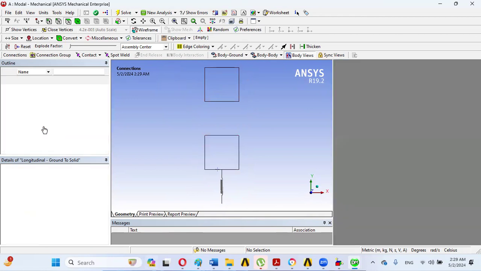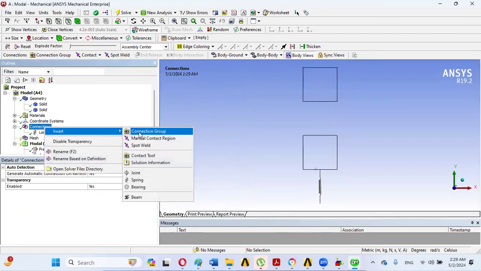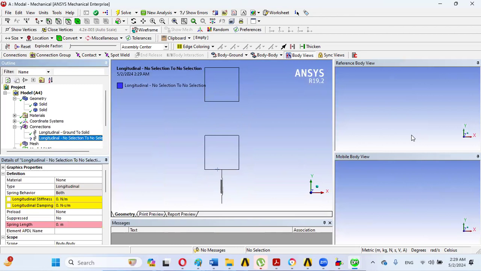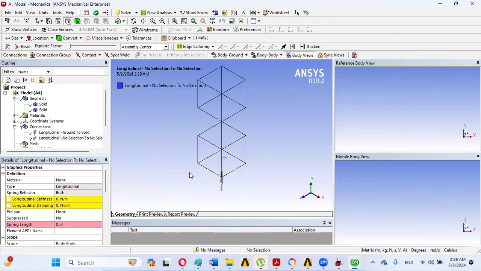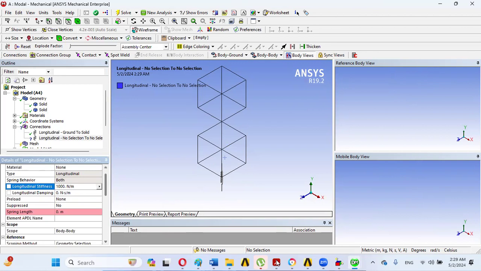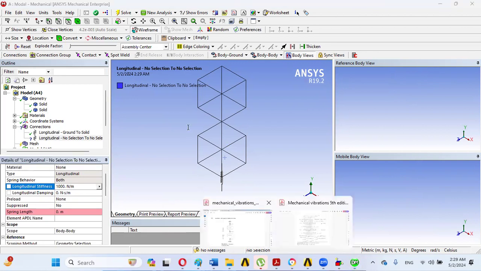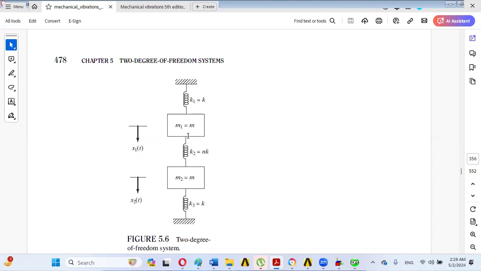After that we will be adding another spring. Click on insert spring, and then we will be making the second spring, and we can assume the same stiffness, for example. Because the second spring will be made between mass m1 and m2, and both are mobile bodies, we will be using scope as body-body.